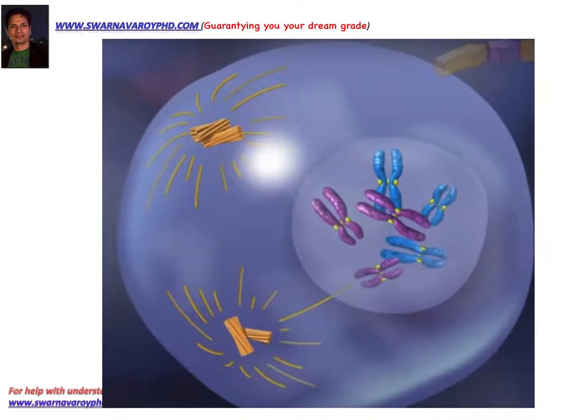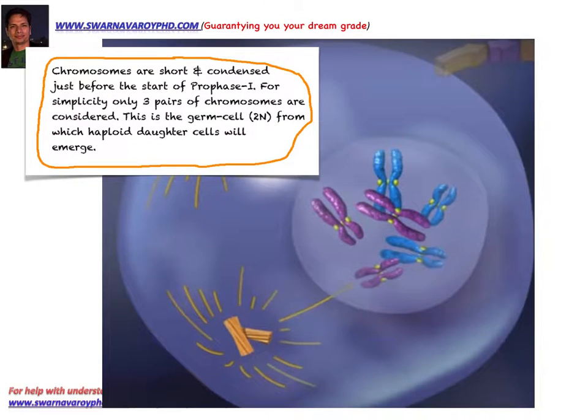So here we have a cell, which is a germ cell. That means it's diploid, and this cell is about to undergo meiotic division. Now, for simplicity, we have taken just 3 pairs or 6 chromosomes. And when I say pair, the chromosomes are short and condensed just before the start of prophase 1.